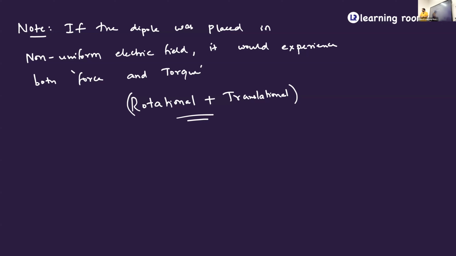So there's a real-time application. If you see the value of the electric field inside it, it will be very, very high. So that's one of the applications of this concept. This is clear.